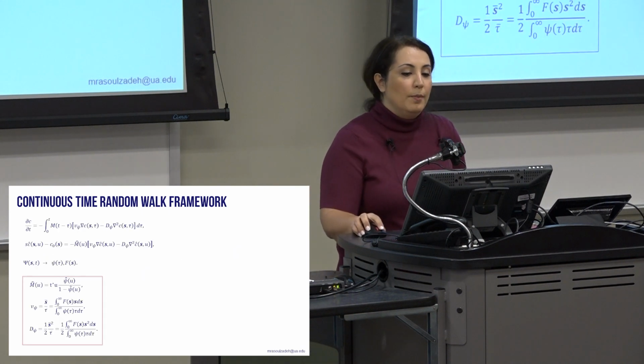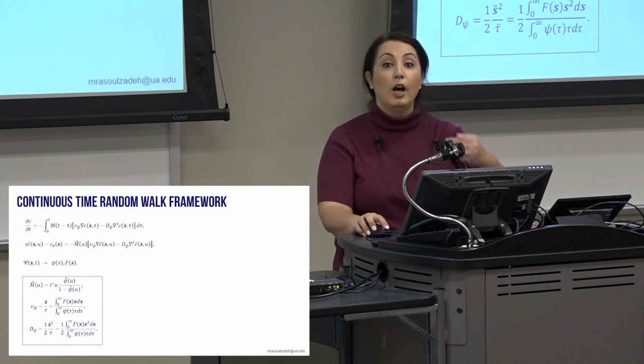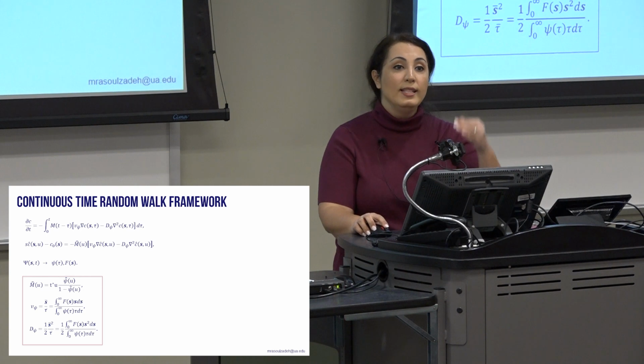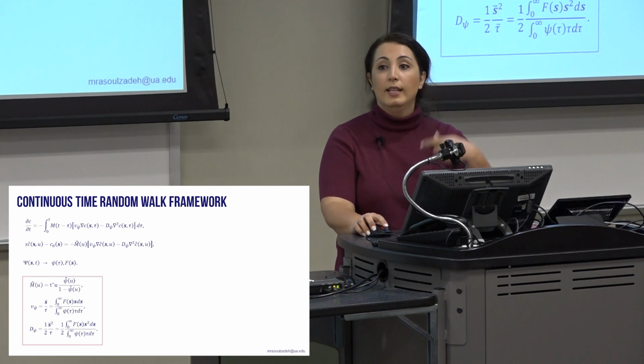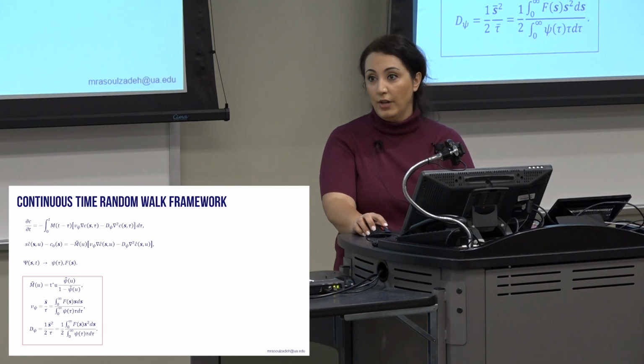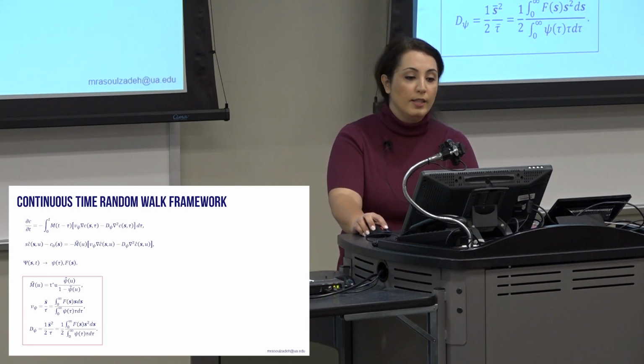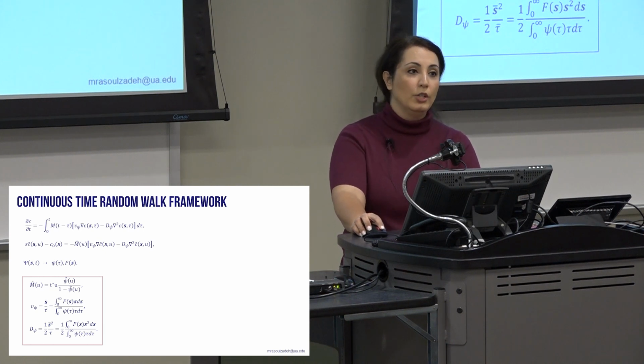The continuous time random walk framework provides us, according to the time that a particle spends at a location, like still and doesn't move, that helps us to construct the concentration. Provides us this integral differential equation for the concentration. Why do I talk about continuous time random walk?